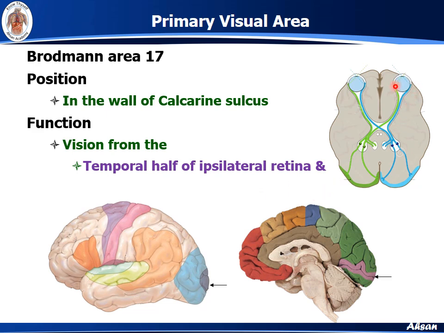The lateral part, close to the temporal bone, is known as the temporal field, and the part closer to the nasal bone is the nasal field. So the temporal field crosses, but the nasal field vision remains on the same side.